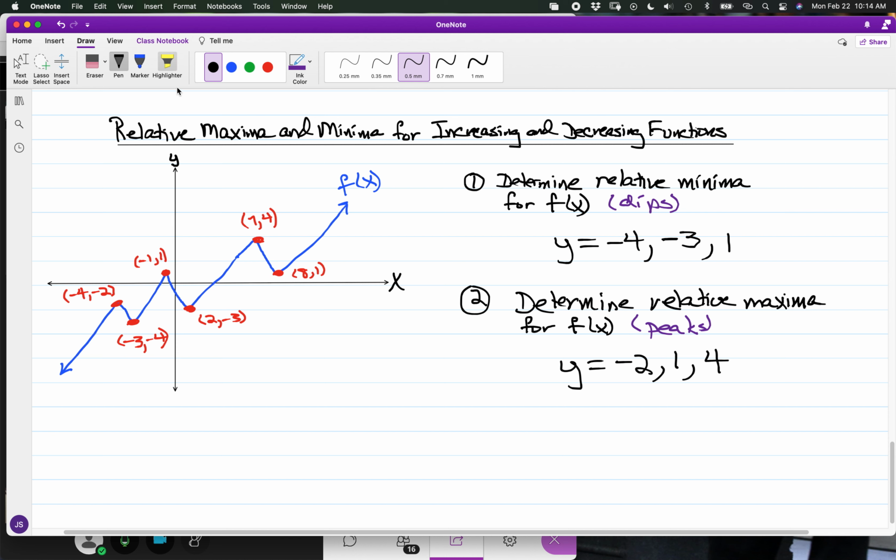Now, if I were to determine the values, and this is where the x values will come in, say you're looking at determining the values or the intervals where f of x is strictly increasing.